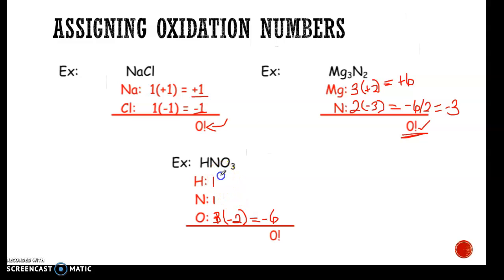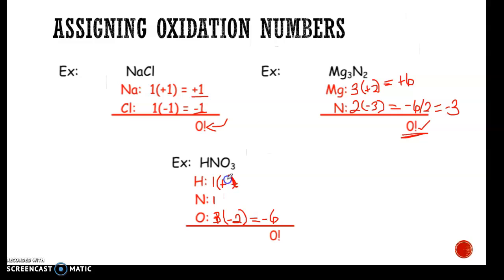So let's start with hydrogen, because nitrogen has a lot of oxidation states, while hydrogen only has 2 oxidation states. So if we look, hydrogen has a +1 and a -1. But we want to cancel out -6, so we don't want it to become more negative. So that means we're going to use +1 instead of -1.